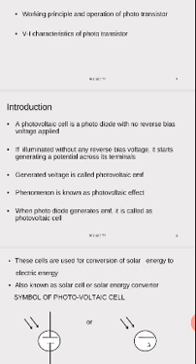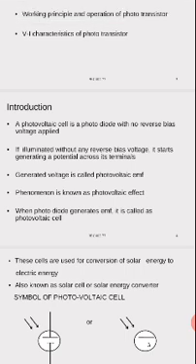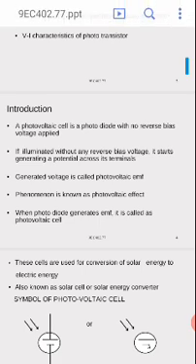So it means it converts solar energy into electrical energy. So the photovoltaic cell acts as a converter because it converts solar energy into electrical energy.